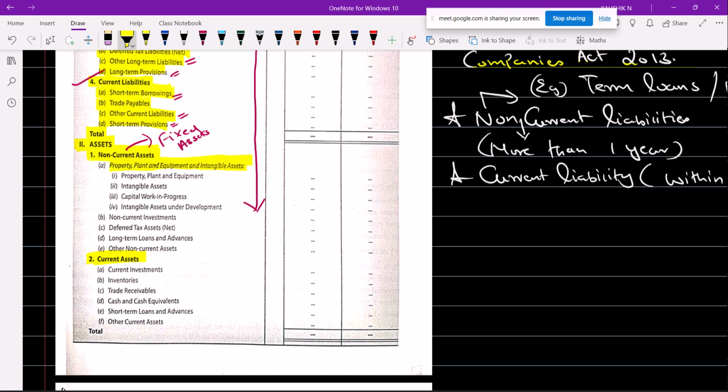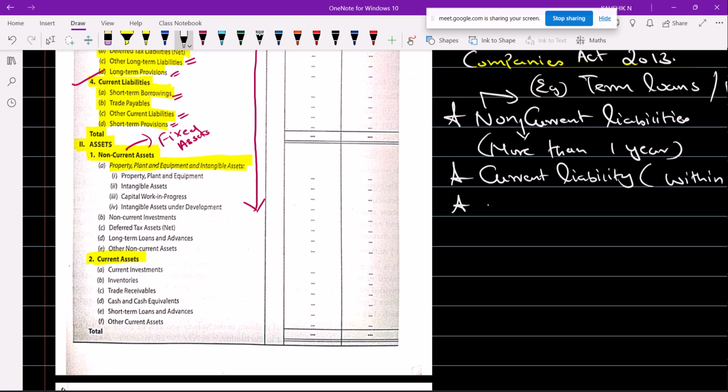Under this category of property, plant and equipment, remember, when you are going to do your projects, you should understand these items very well. You need to know how to read the balance sheet when you are going to do the project, or when you are going to assess or analyze the company's balance sheet. Here you can see something called property, plant and equipment.